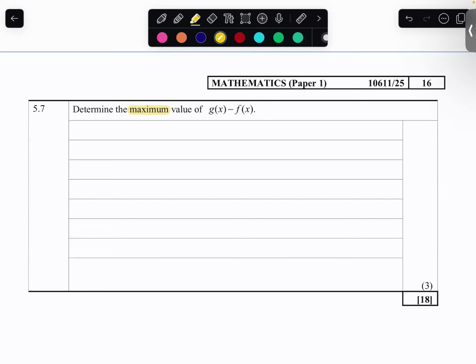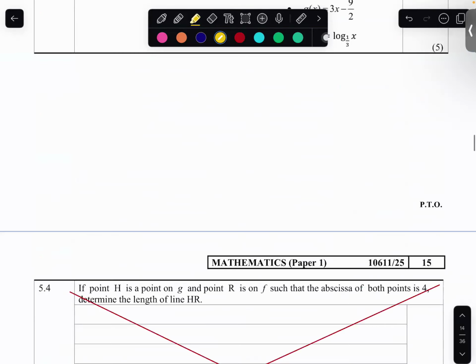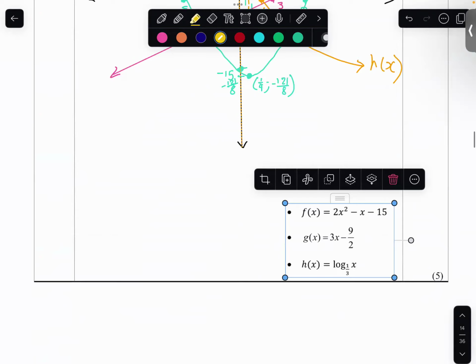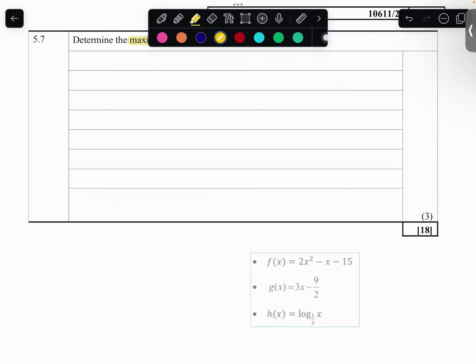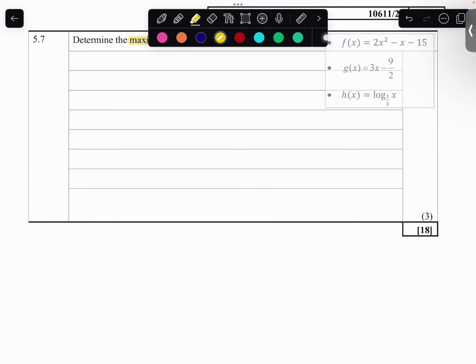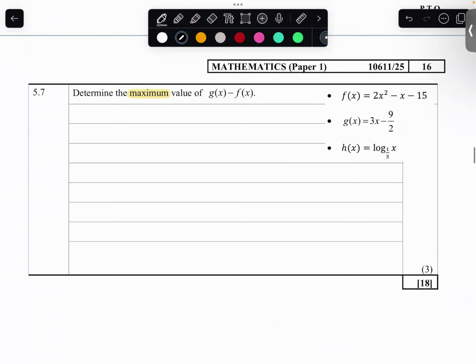So all we're going to do right now, it says determine the maximum value of g of x minus f of x. Let's just take these equations. So we're going to go g of x minus f of x. G of x's equation is 3x minus 9 over 2, minus f of x's equation. Keep a bracket because you're subtracting more than one term: minus (2x squared minus x minus 15).